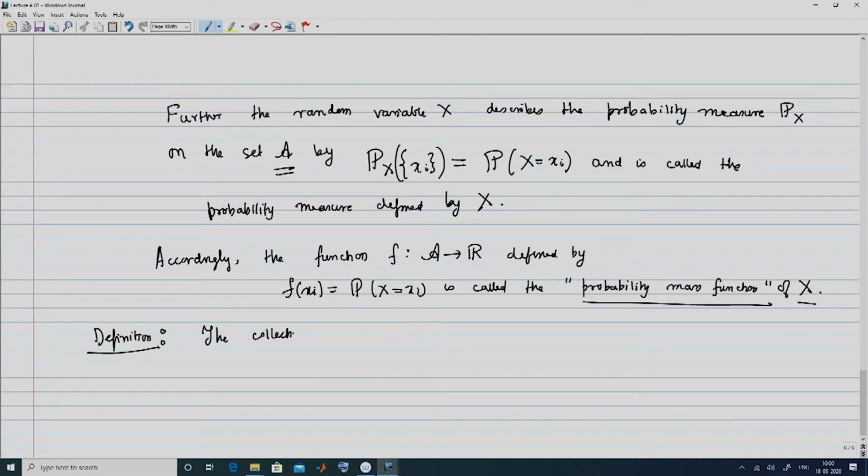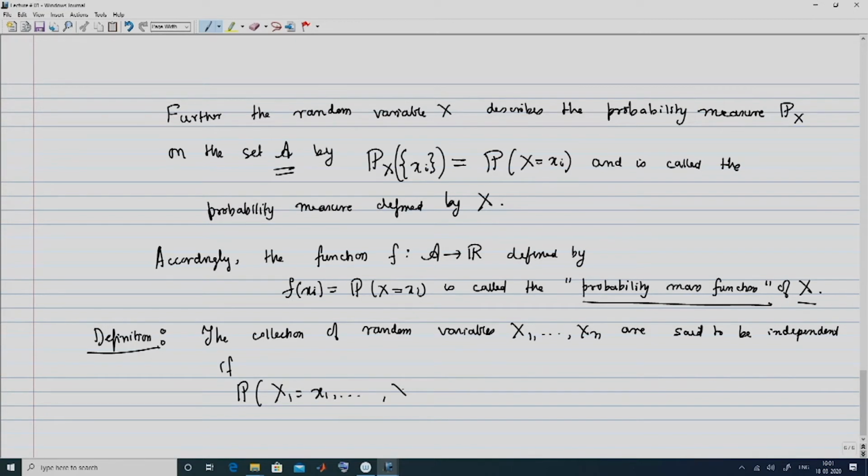So, the collection of random variables x 1 all the way to x n, some n number of random variables, are said to be independent if the probability of x 1 is equal to some little x 1 all the way to x n is equal to little x n is simply going to be the product of probability of x i is equal to little x i, i equal to 1 to n.